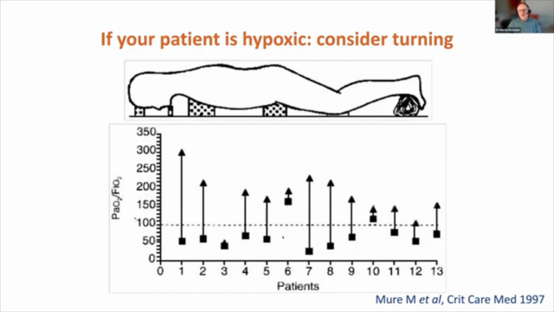In almost all patients, they saw a dramatic improvement in the PF ratio, going from a PF ratio compatible with severe ARDS to PF ratios compatible with moderate or even mild ARDS. Also notable is that not all patients were responders. So this was a first suggestion.